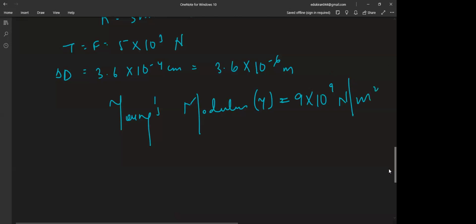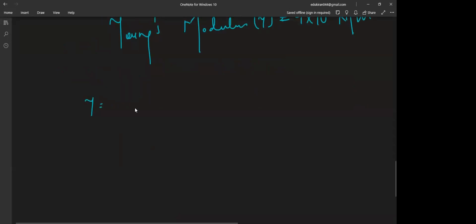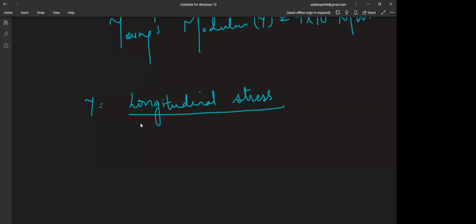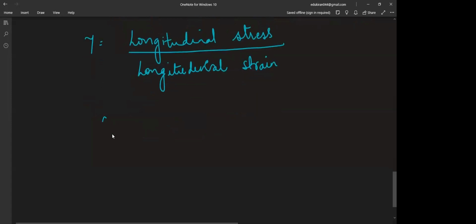So from Young's modulus, we can calculate longitudinal stress by longitudinal strain. So Young's modulus will be longitudinal stress by longitudinal strain. What is longitudinal stress? Longitudinal stress is force per unit area.